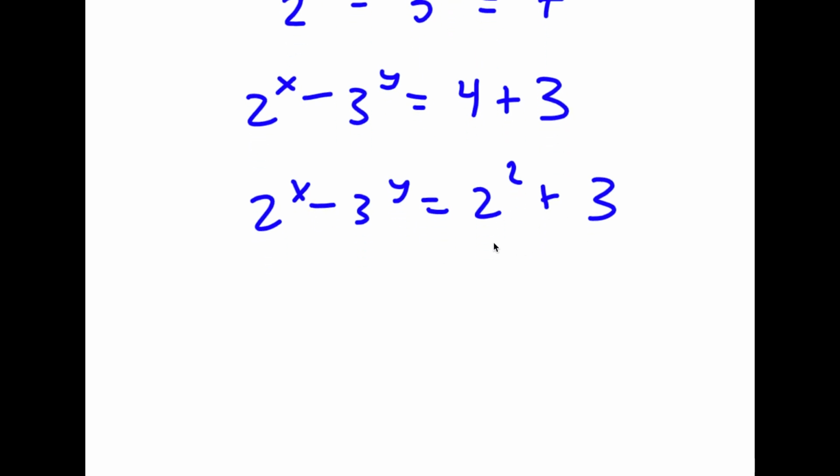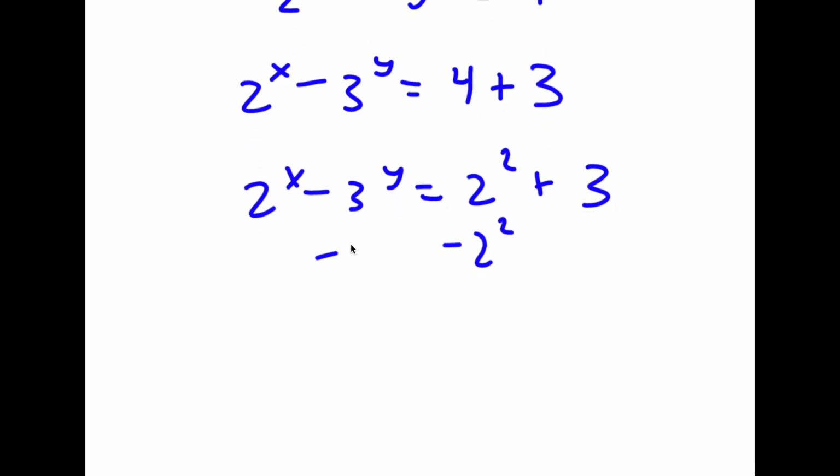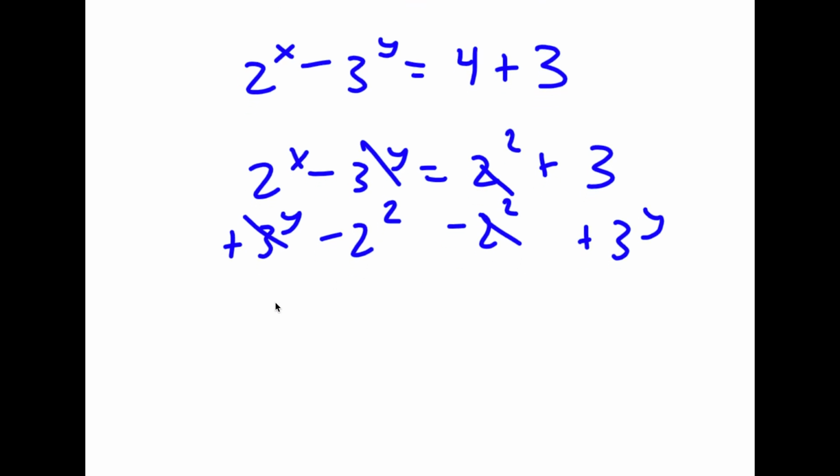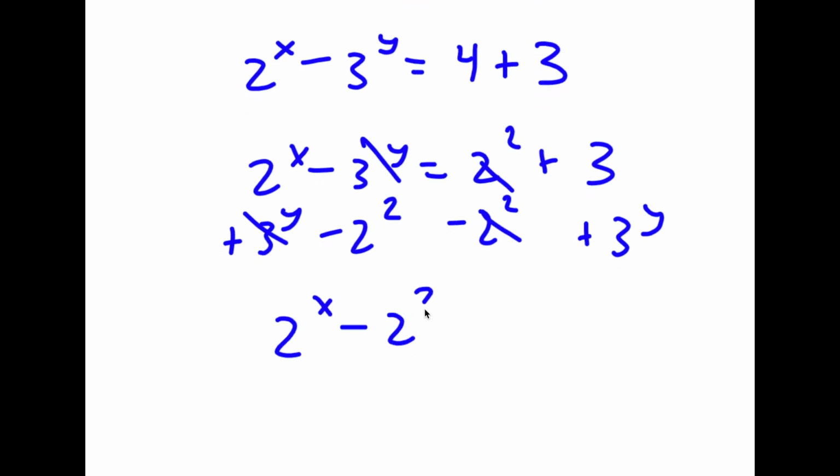So now, I'm going to subtract 2 squared on both sides and add 3 to the power of y on both sides. So then these two cancel out, and I'm left with 2 to the power of x minus 2 squared is equal to 3 to the power of y plus 3.